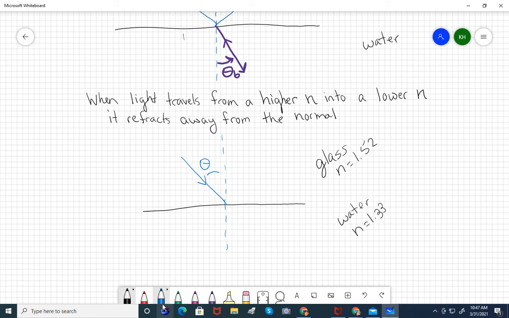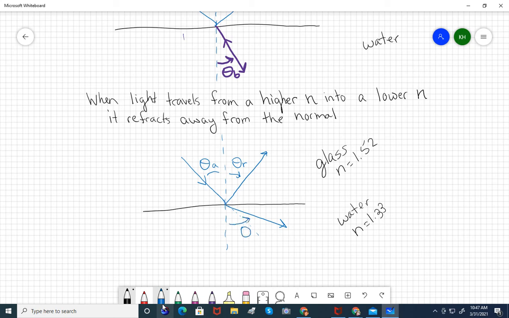That's our angle A. Part of the ray will reflect, and the part that reflects is going to go off at theta R. Theta R and theta A are going to be the same, but part of it's going to be refracted. And there again, it won't follow a straight line. It's going to refract away from the normal this time because it's going into a lower index of refraction.